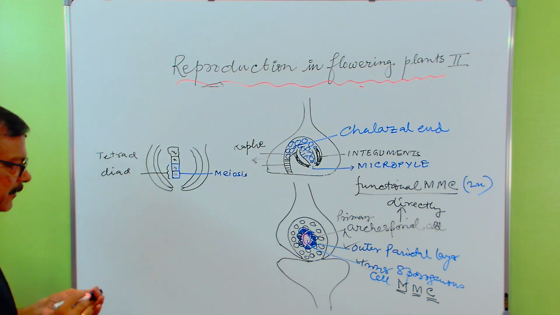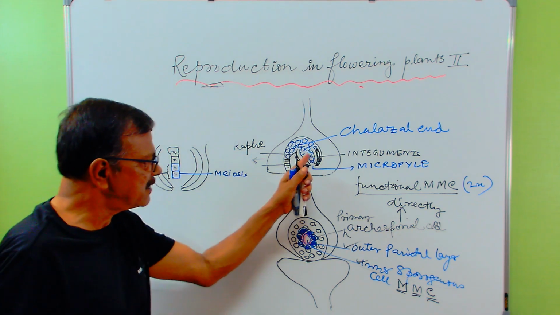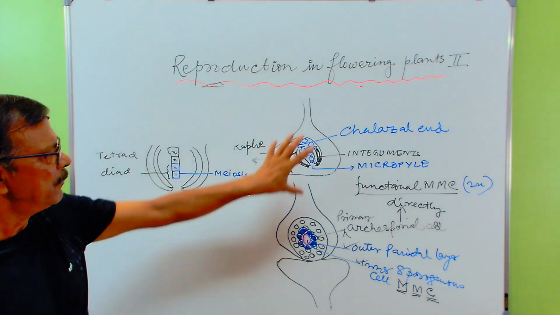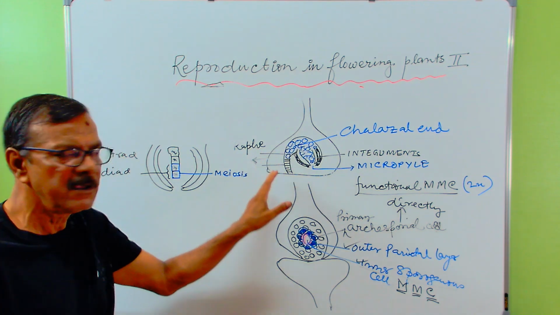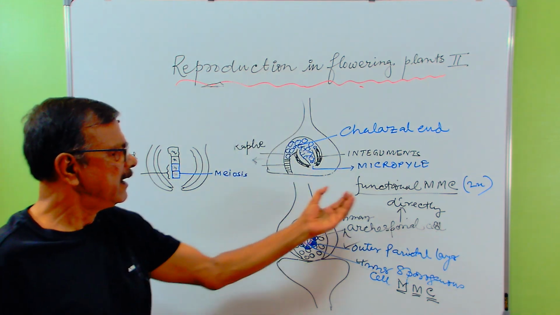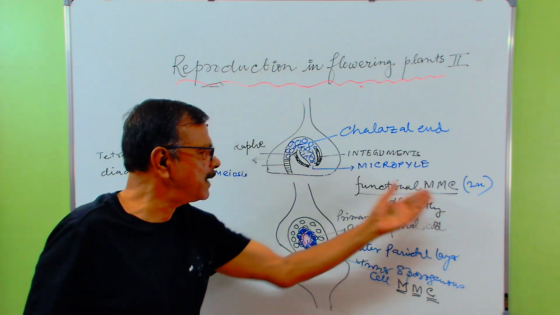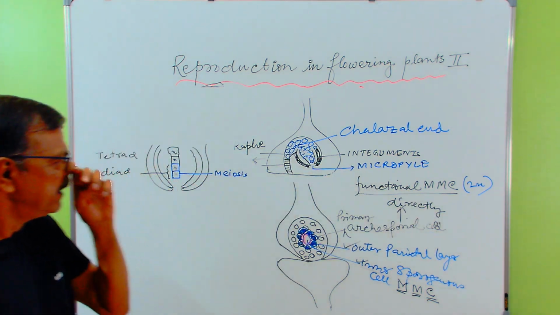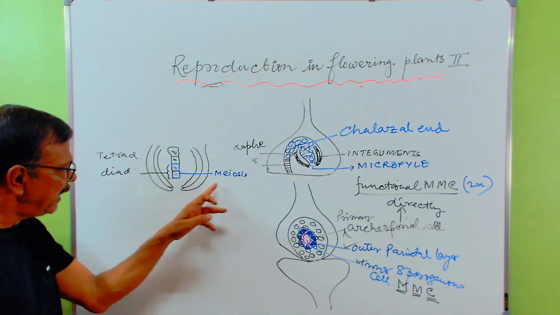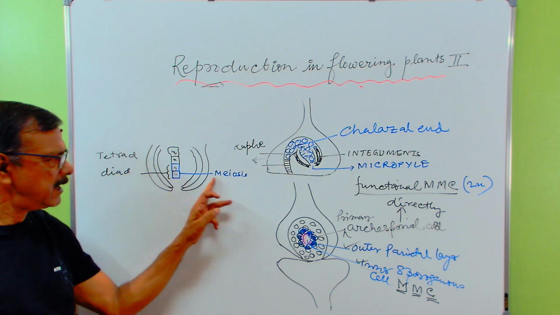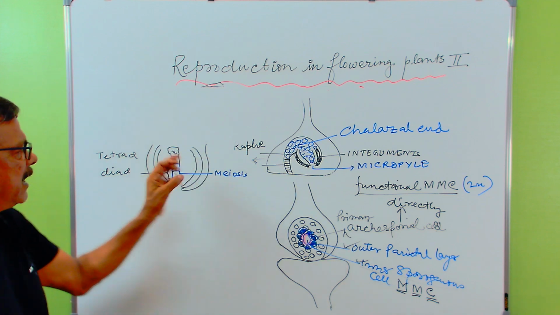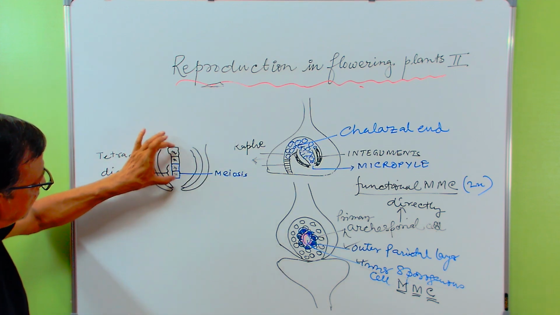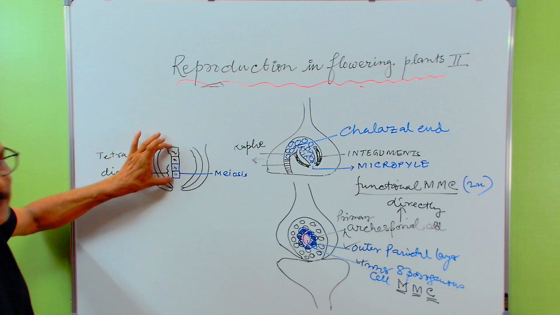After you have written chalazal end, micropylar end, integuments, raphe, funiculus, then you will write that the functional megaspore mother cell, 2n, will undergo meiosis, reduction division, and will form two cells which subsequently form another two cells, and they stay in a linear manner.